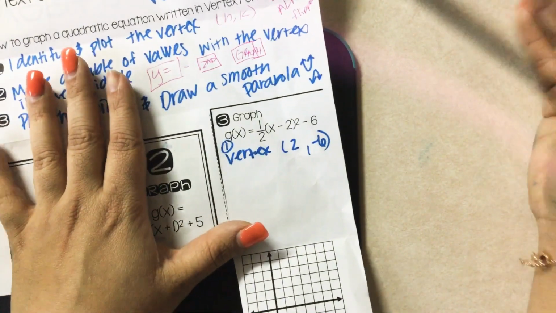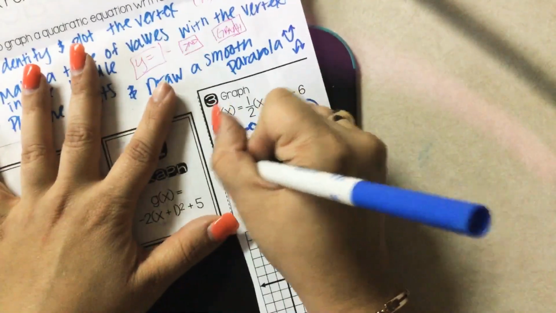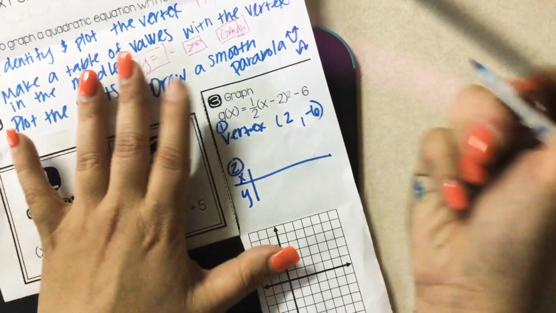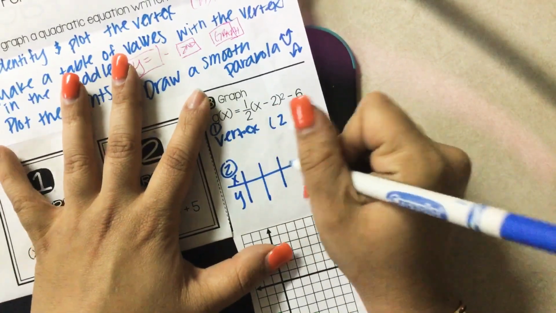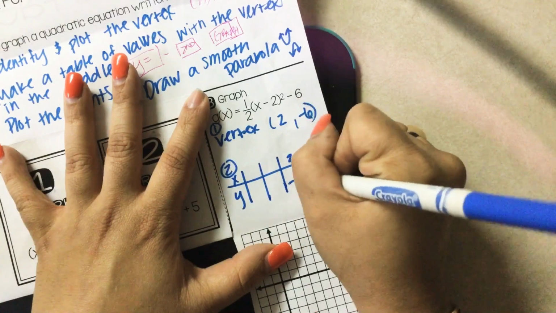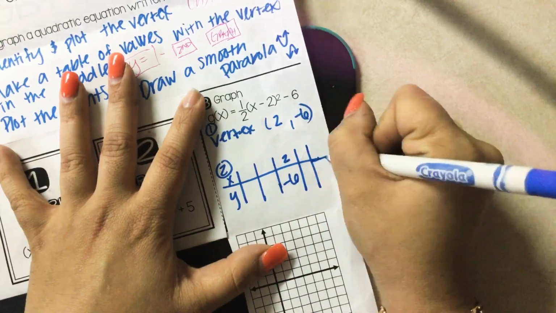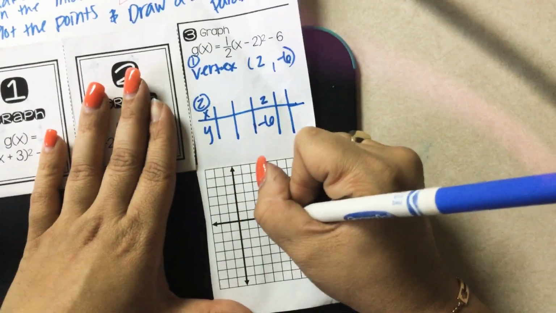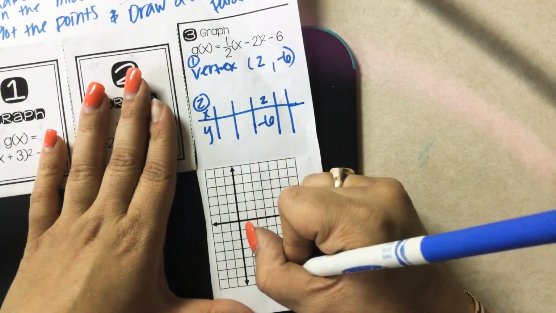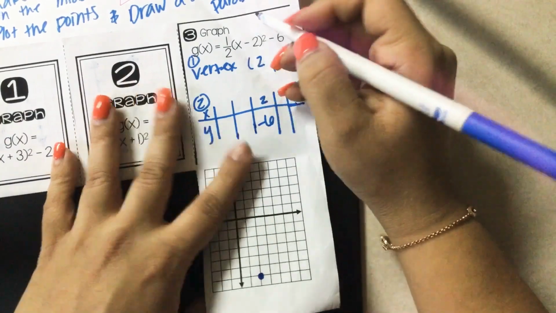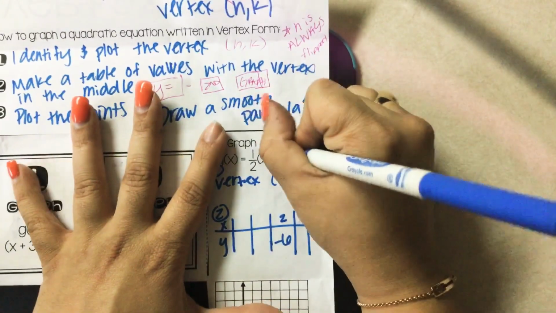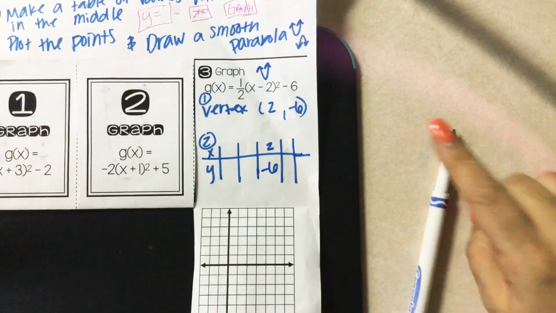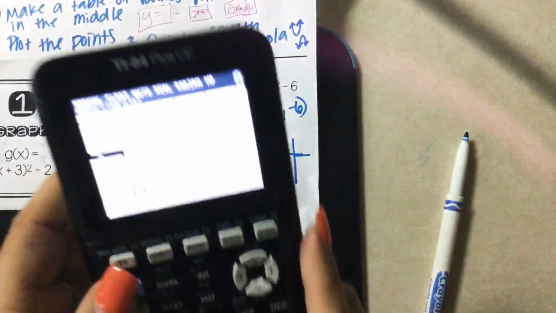H changes, K stays the same. And I'm going to go ahead and plot this point right here. I know it's going to be opening upwards, so we'll just kind of keep waiting. And let's go ahead and plug this into our calculator.